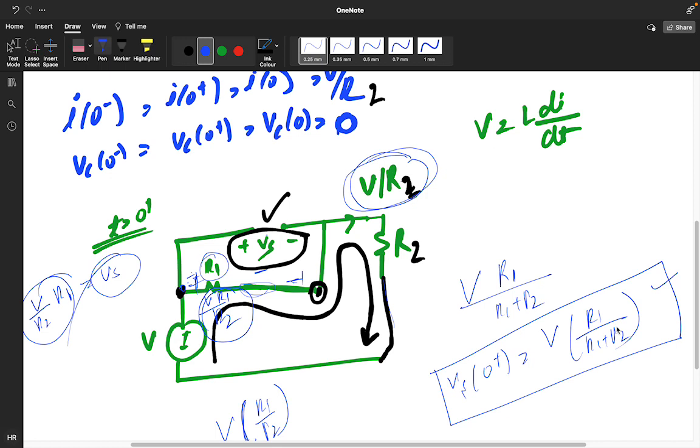So this is the story of this particular question, that is model 2.